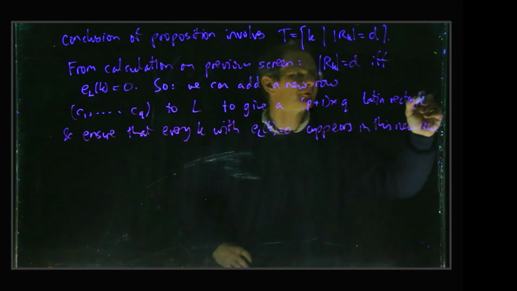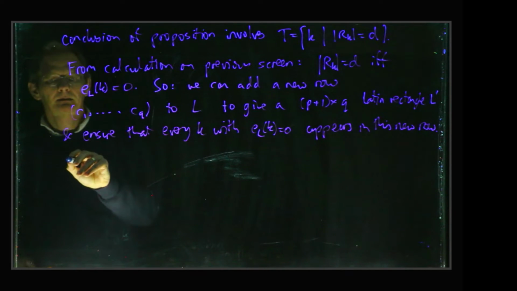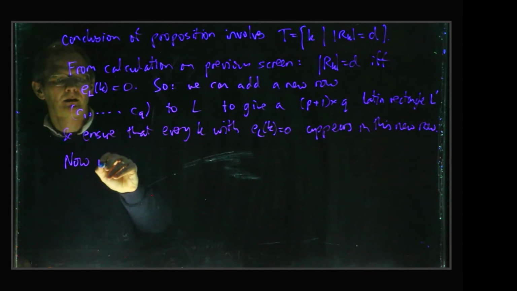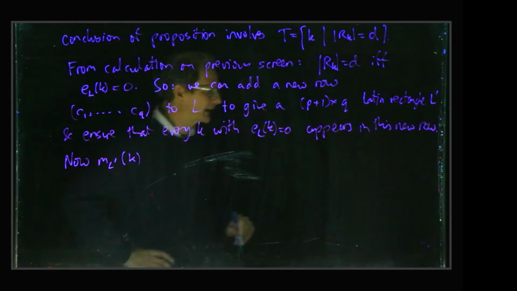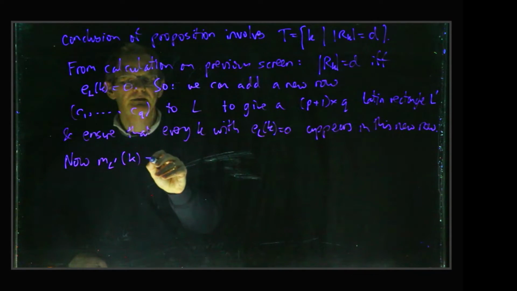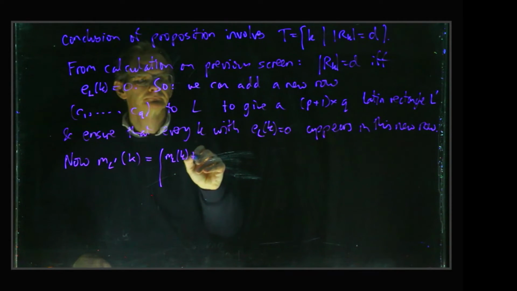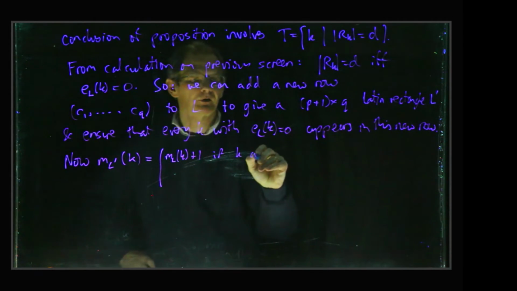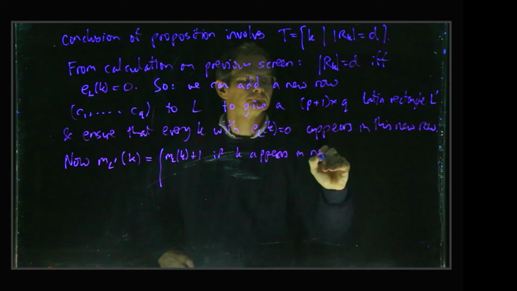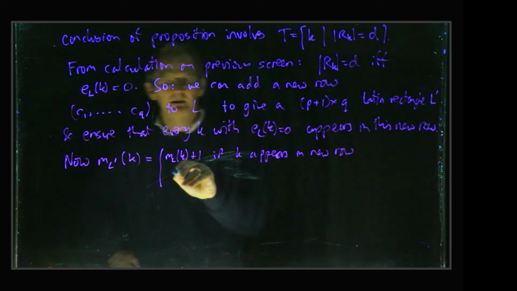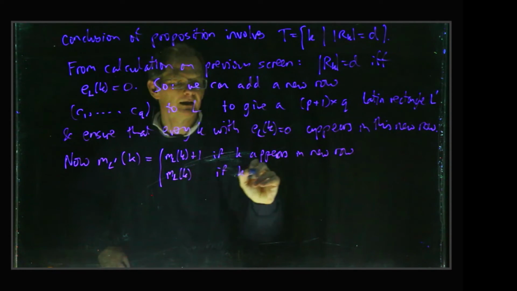So this extended thing we're going to call L prime. So what's ML prime K? That's going to be MLK plus 1 if k appears in the new row, and just equal to MLK if k does not appear.